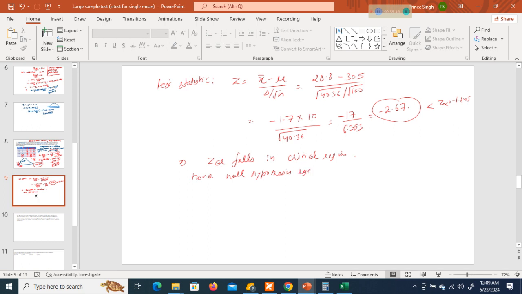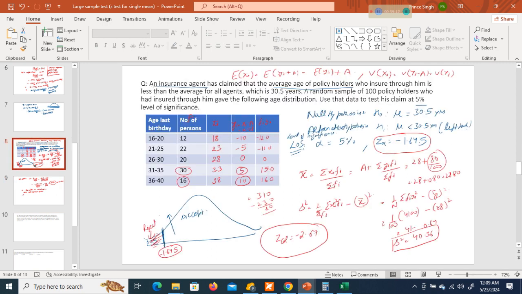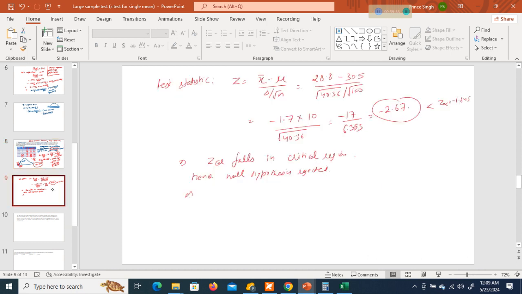So what can we conclude from here? It means that the claim of the insurance agent, that is, null hypothesis is rejected, so alternate hypothesis accepted. So what is the alternate hypothesis? That the average age of the policyholder is less than 30.5 years. So it means that his claim is correct.